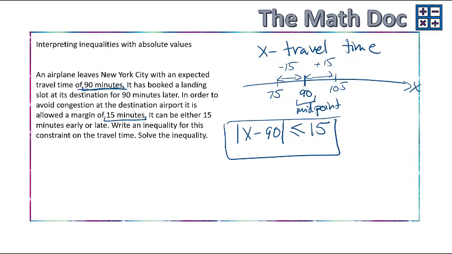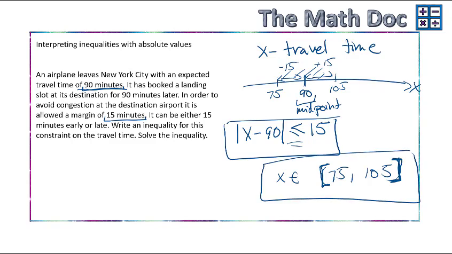Well, we basically solved it up here by looking at the number line. So x should belong to the interval 75 to 105. And since it's less or equal to, we want the interval that includes the edges, so we'll use the square brackets. So this is the result, right? We're looking at the interval of 75 to 105 minutes travel time.